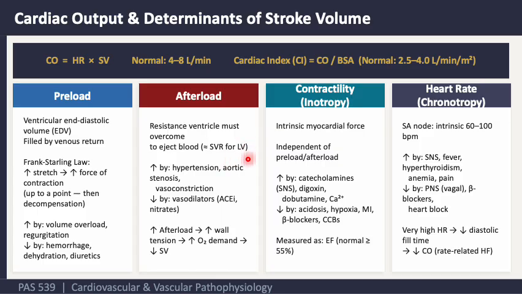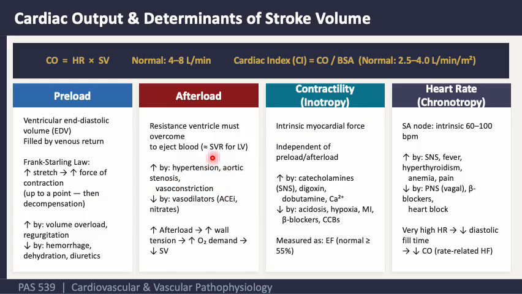If you think about it, the preload is going to affect the right atrium because that's where blood is traveling in. The afterload is going to be determined by the left ventricle because that's the final place where the blood is being pumped out to where it could go to the periphery, to the tissues and the main organs that need it.